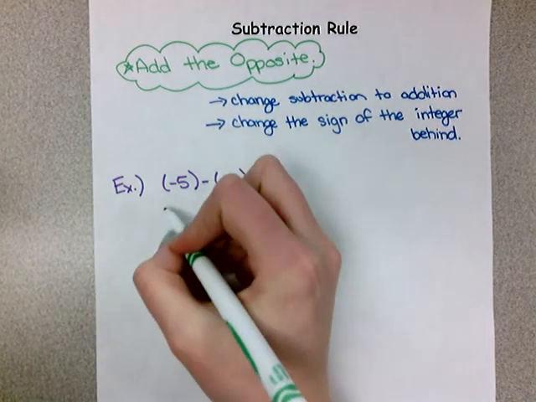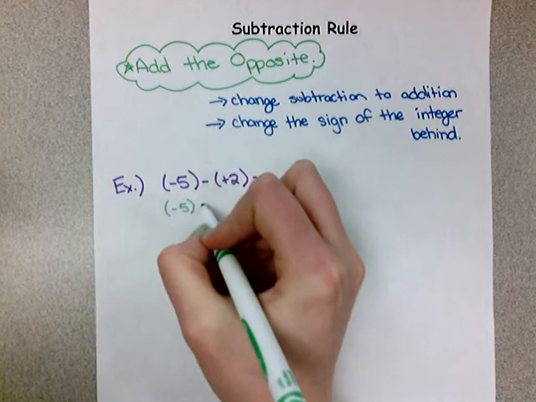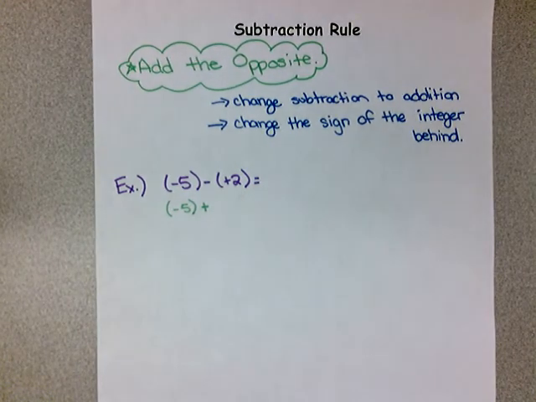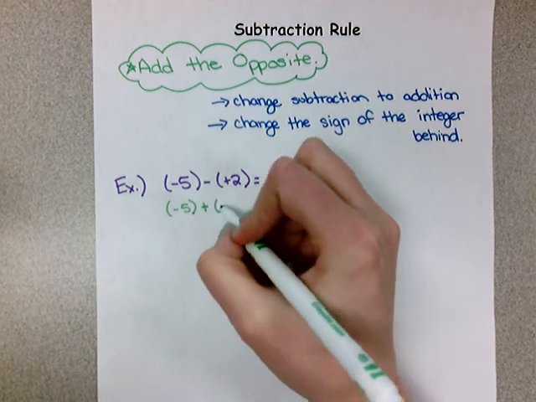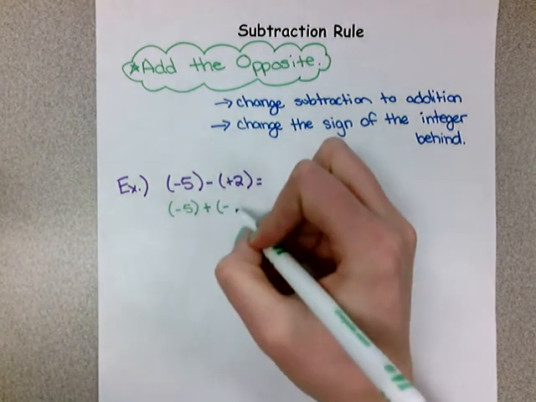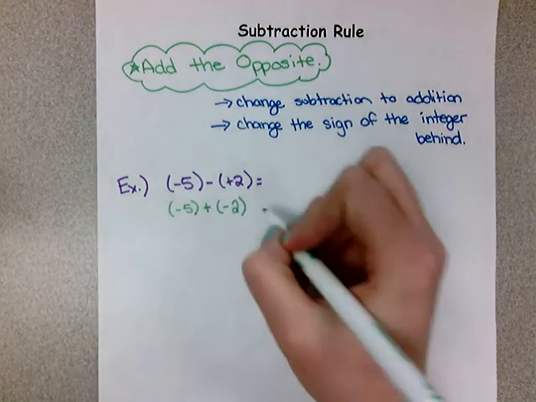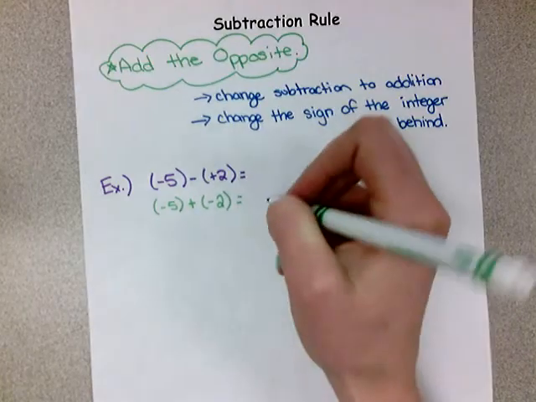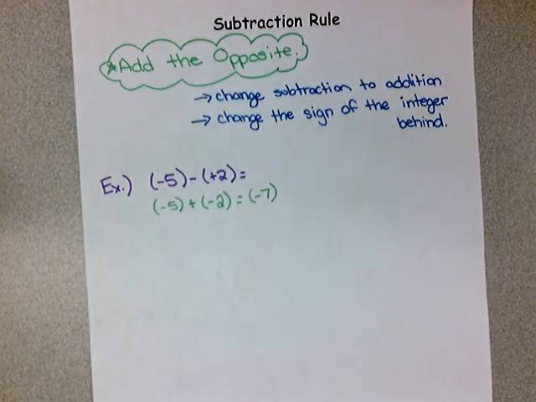So we are going to now have -5 plus, and then change the sign of the integer behind that subtraction sign. So that positive is going to become a negative. The whole number stays the same. So now we have -5 plus -2. Think of having -5 counters. You add in another -2, you're going to end up with -7.